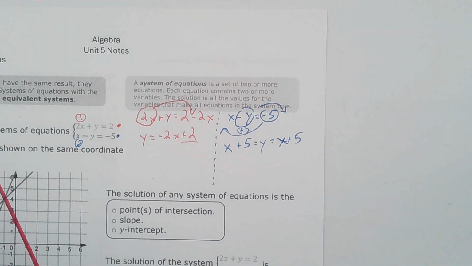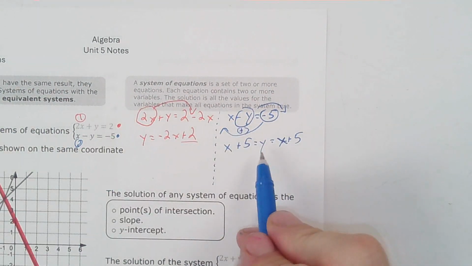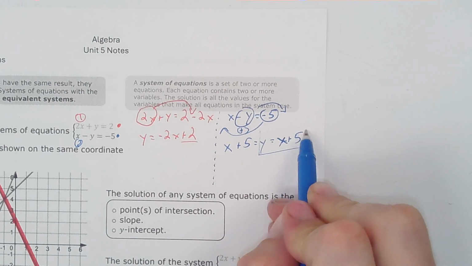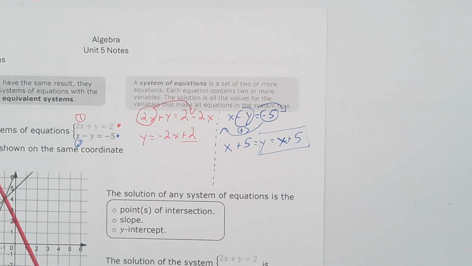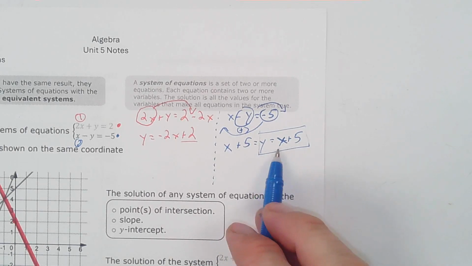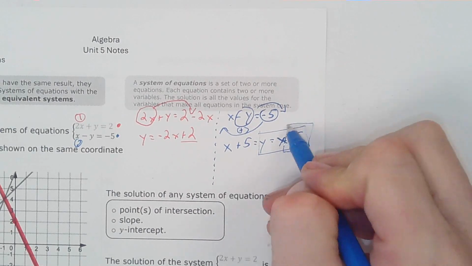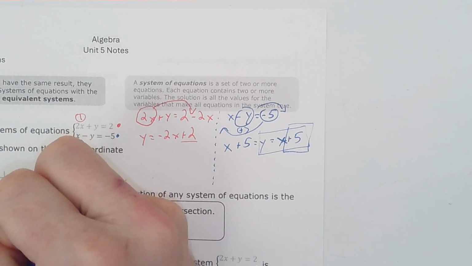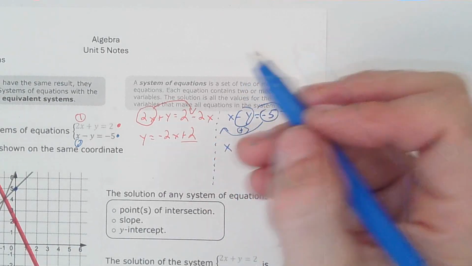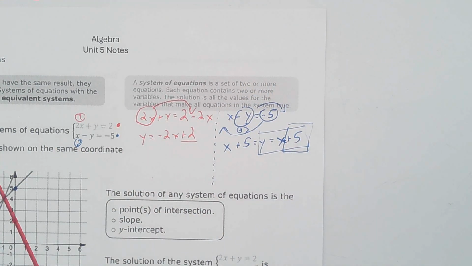What do I know about the blue line because of this equation? It's got a positive slope. Where does it intersect the y-axis? The y-intercept. Yep. So right here is our y-intercept, so it's got to be this blue line right here.